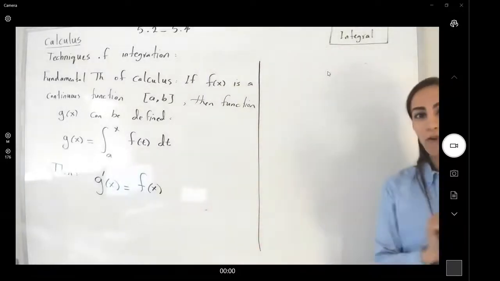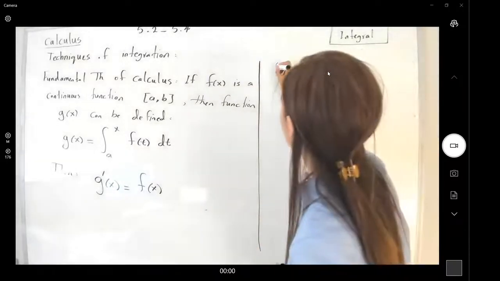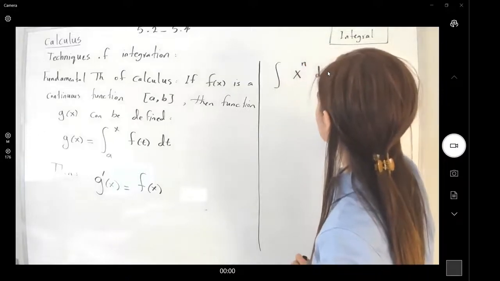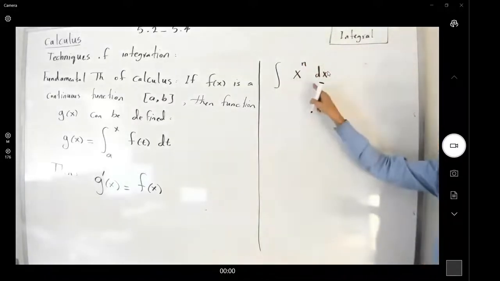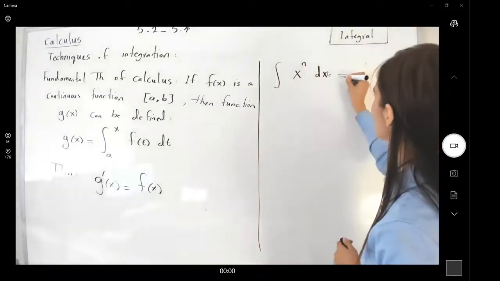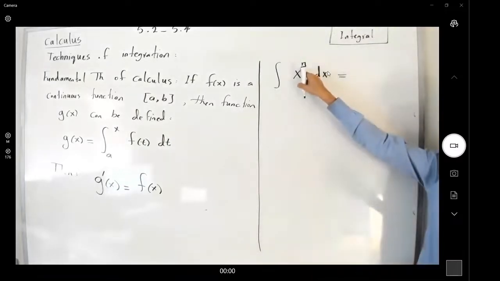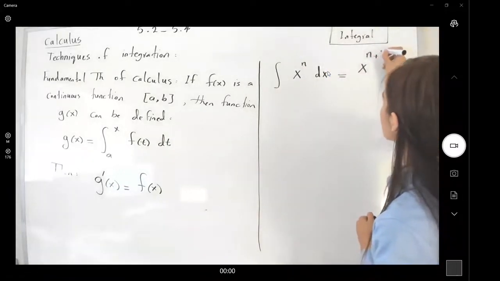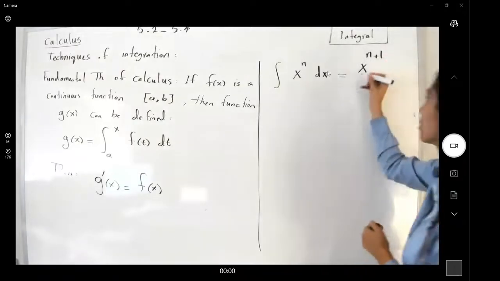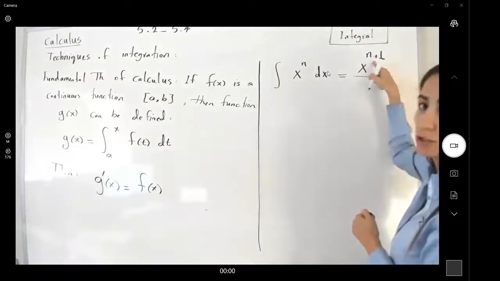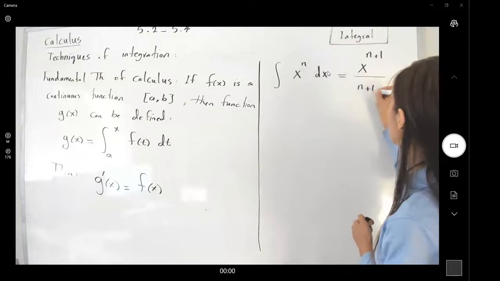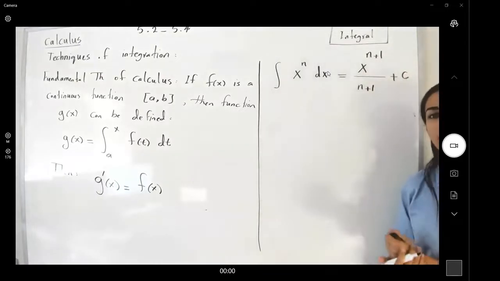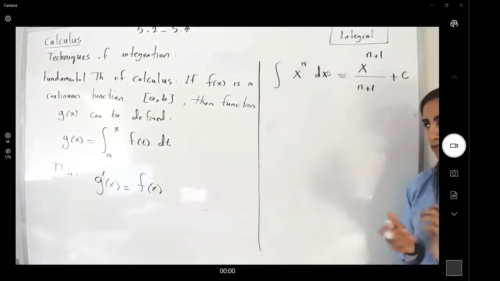What we defined before, we said that if I have the integral of x to the n dx, this integral is equal to, we take the power, we have x raised to n plus 1, we add 1 to the power, divided by this new power n plus 1. And we add a constant like c, and we call it the constant of integration.